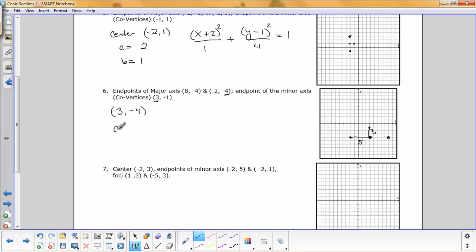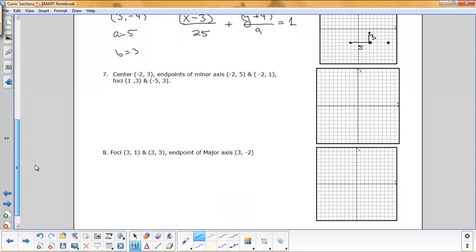All right, A is 5, B is 3. A is back to the horizontal, B is back to the vertical, so it's going to be X minus 3 over 25 plus Y plus 4 squared over 9 equals 1.